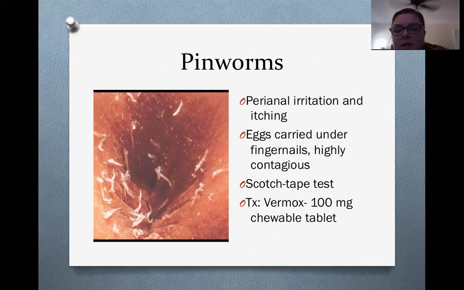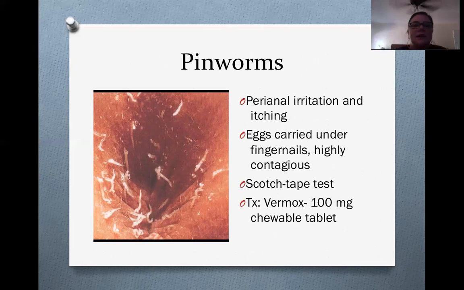And so we see kids reaching down and scratching under their diapers and things like that. And then they go and touch tables and things. And then the next child comes and touches the table and puts their hand in their mouth to eat. So it's not really appetizing to think about, but that's how it is transferred.